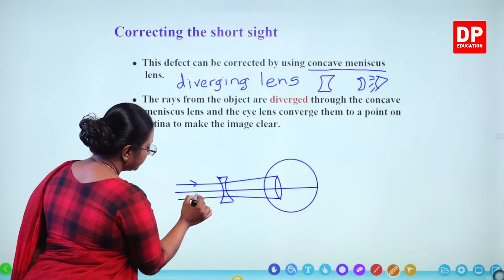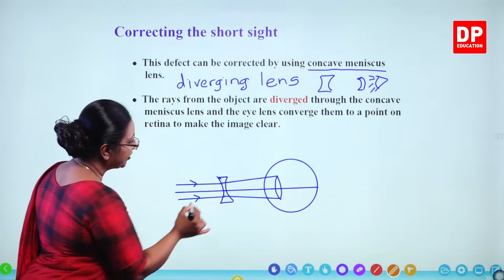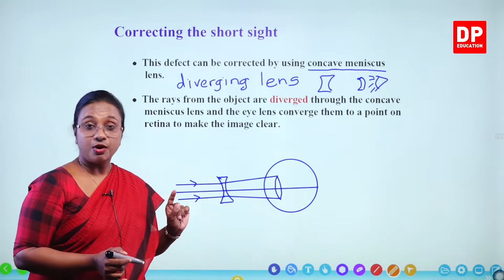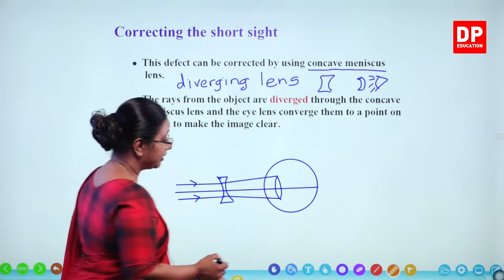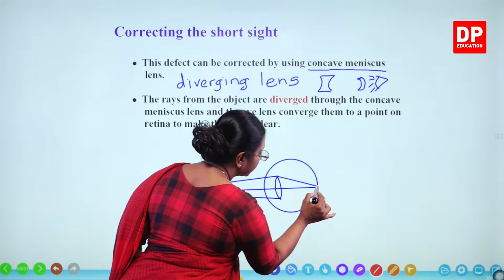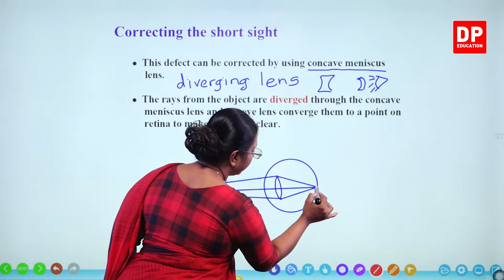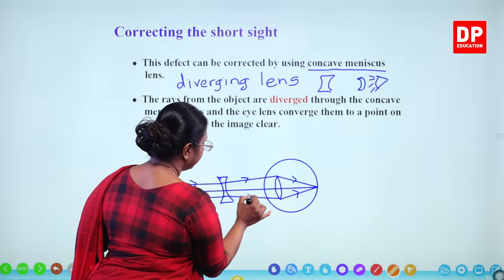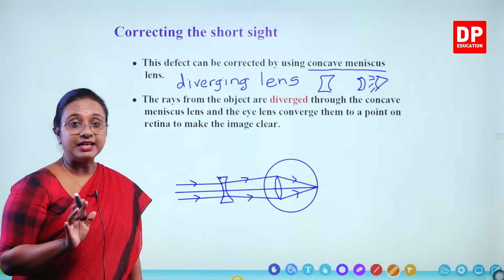So, here students, you can see these are the parallel rays and the rays are getting diverged by the concave lens. After that, it is easy for the eye lens to focus it onto the retina. So, then the image will form on the retina. Is that clear to you all?